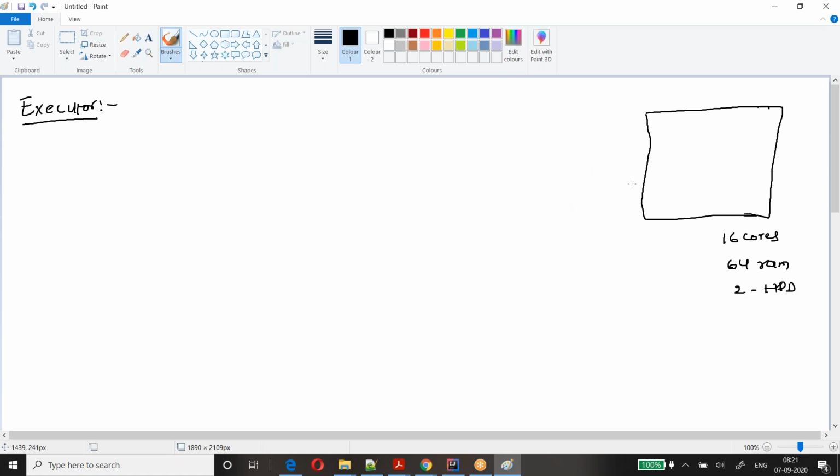When I have 16 cores, it means it's a big machine only. It's not a small machine like a normal laptop or desktop. It's a little bigger. In this, we can run so many parallel jobs. Not parallel threads, threads are different, processes are different. When we say executor, it is nothing but taking out some cores from here, let's say 4 cores.